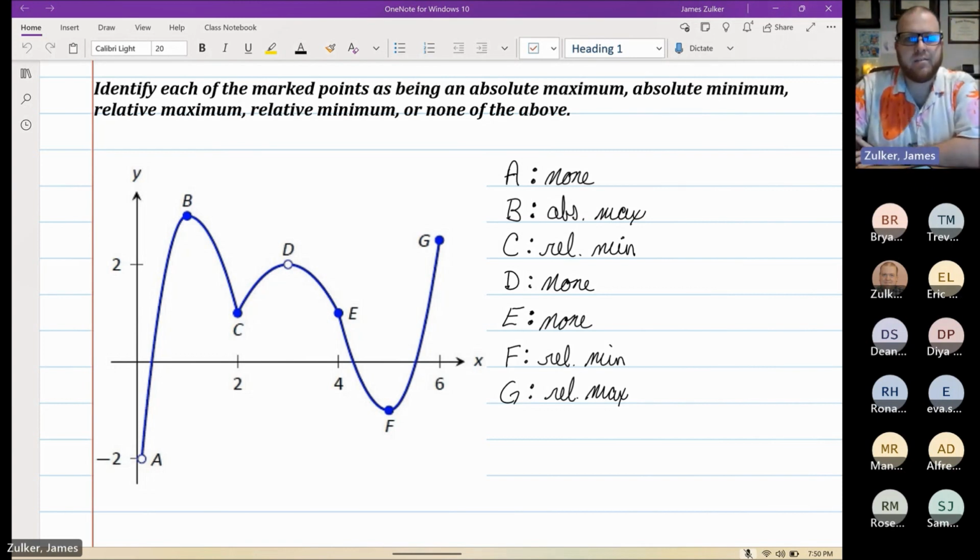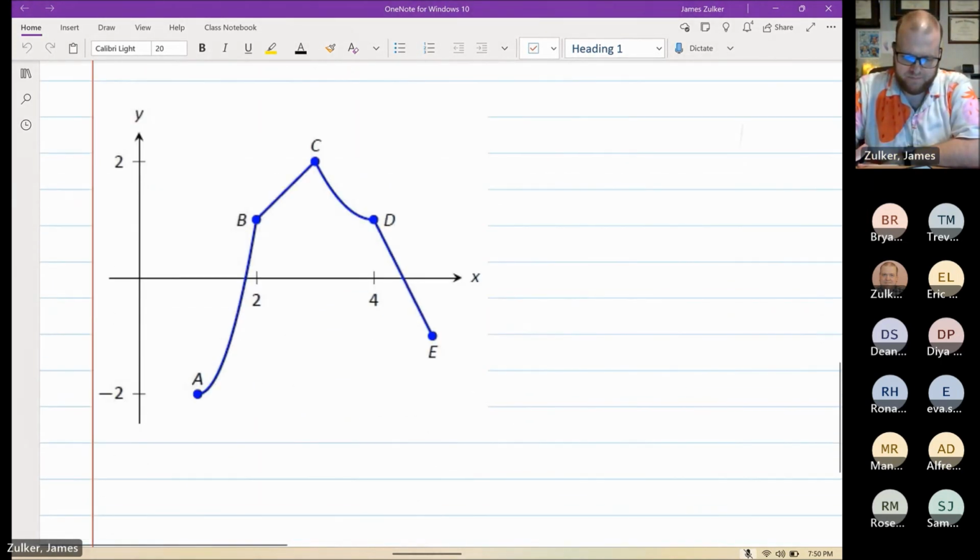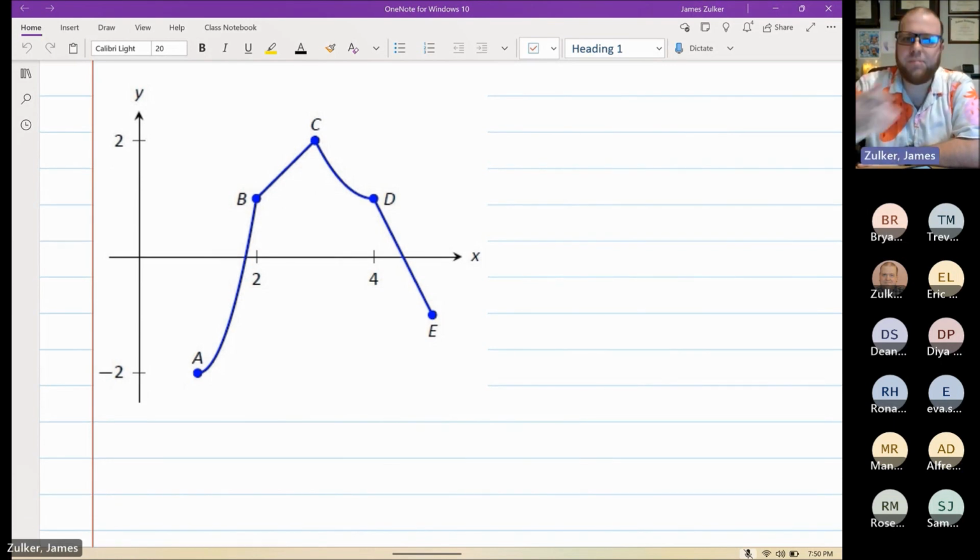And we're back. Finishing up with extrema. I want to do the same thing, right? We want to label each point absolute max, absolute min, local max, local min, or none of them.